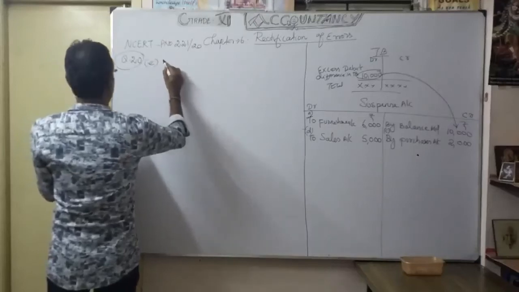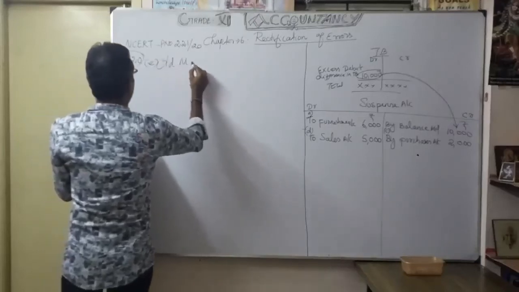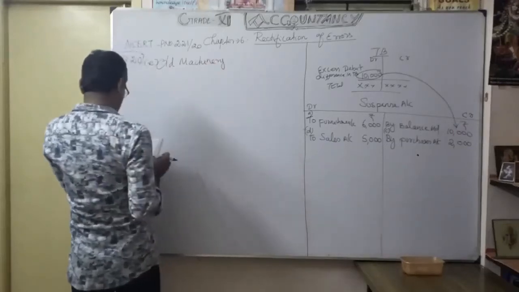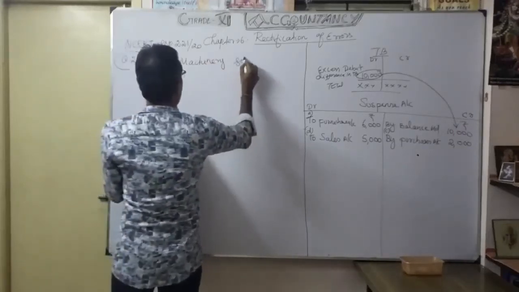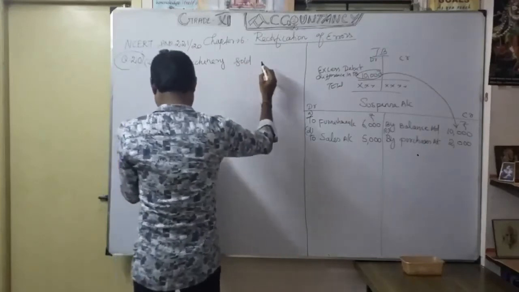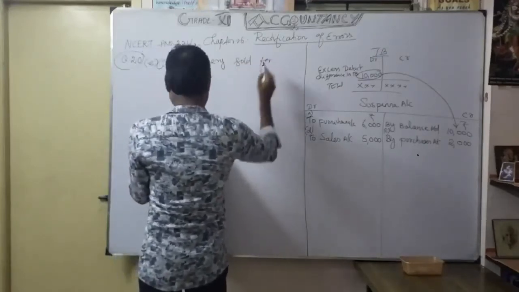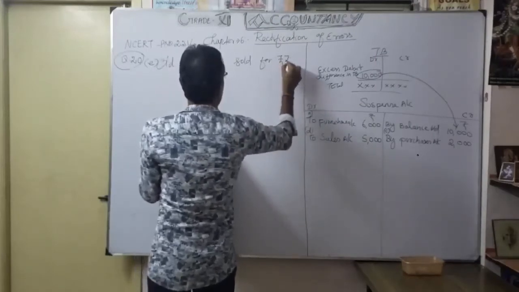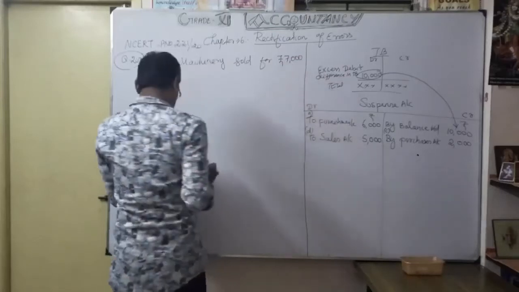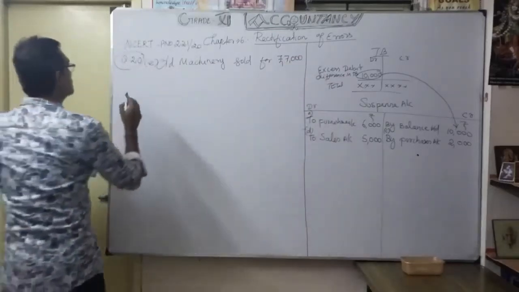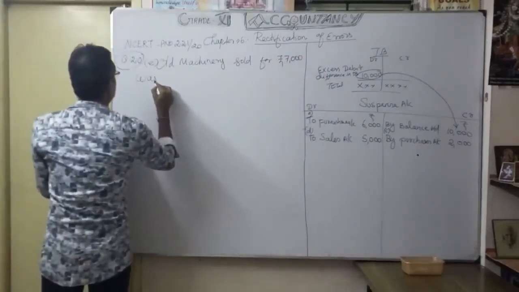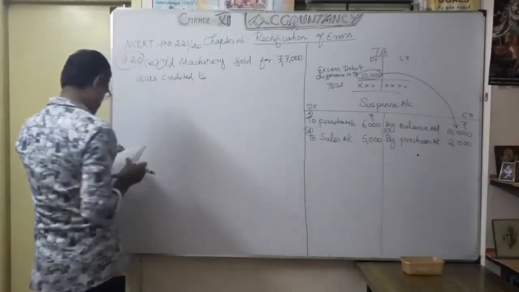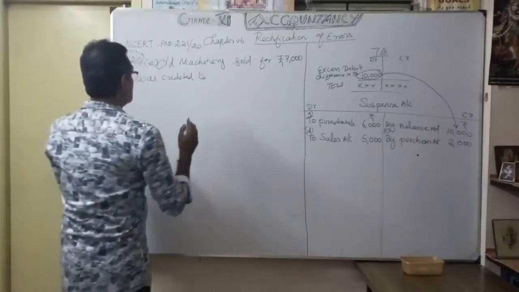See, old machinery sold for how much? 7,000. Okay, 7,000 was credited to, what happened? Credited to sales account.